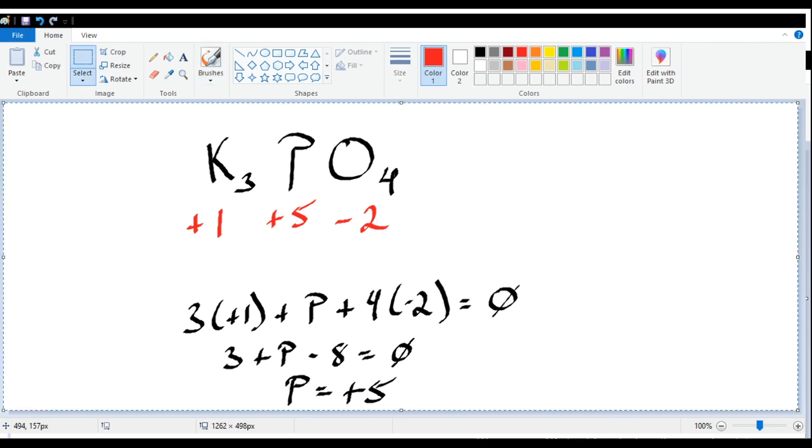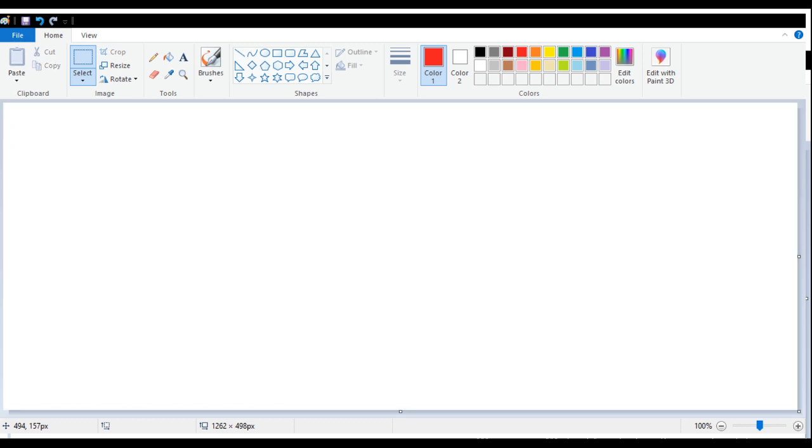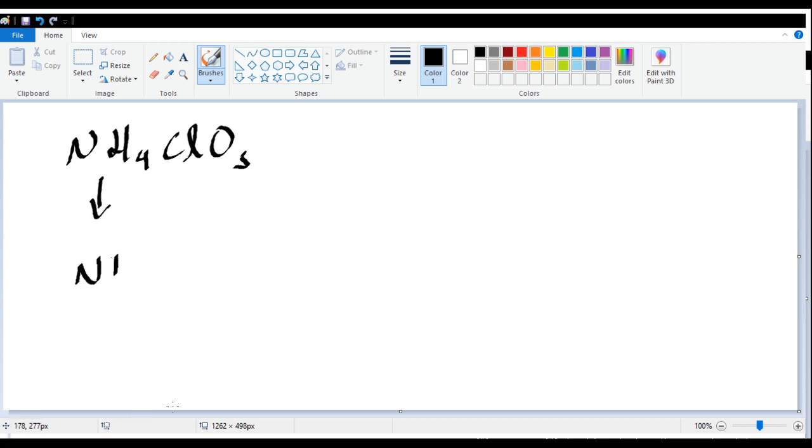And now I'll jump down to the bottom of the list and do ammonium chlorate. Like I said, the best way to deal with ammonium chlorate is to break it up into the two ions. So you have NH4 plus and ClO3 minus.